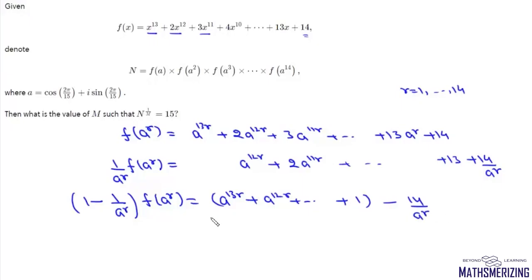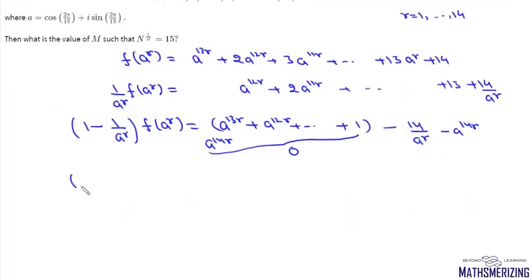Now what we'll also do is we'll add a to the power 14r and we'll subtract a to the power 14r. Now this is sum of rth power of 15th root of unity, and since this r doesn't divide 15, this sum will be simply 0.